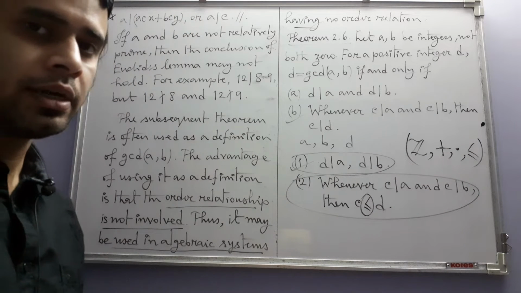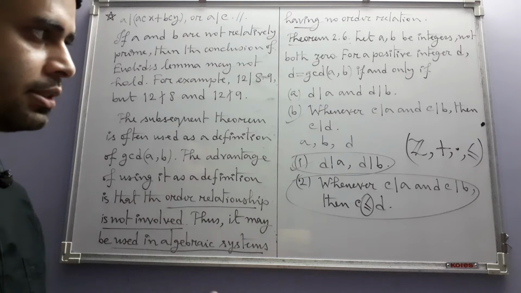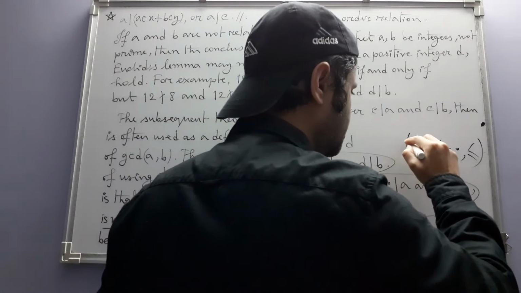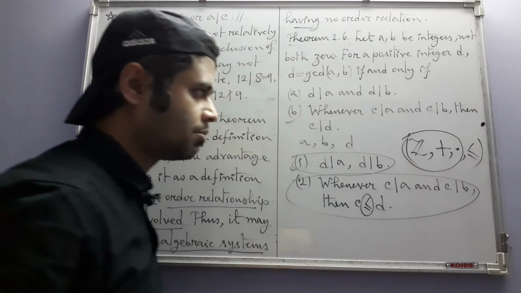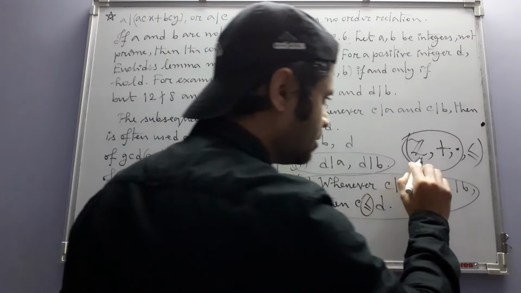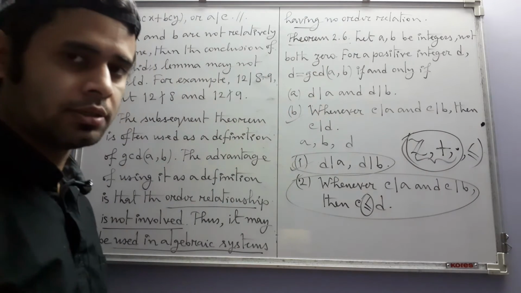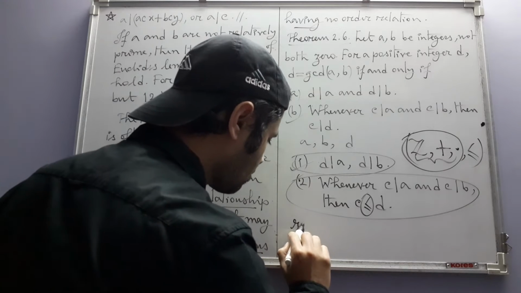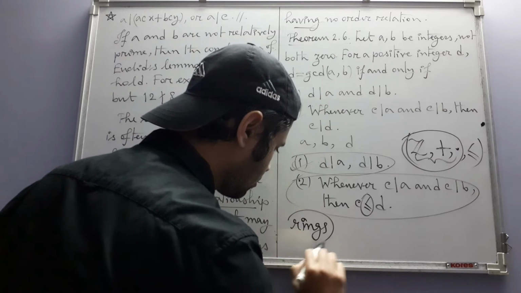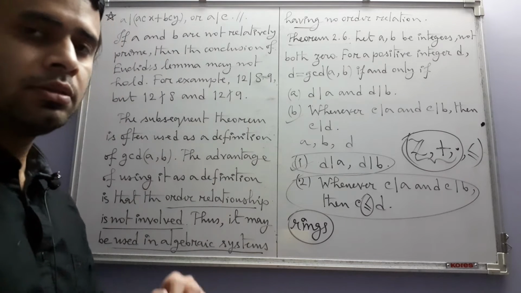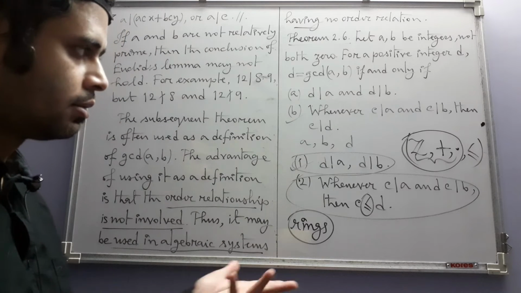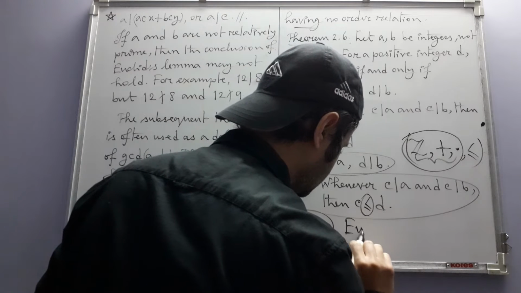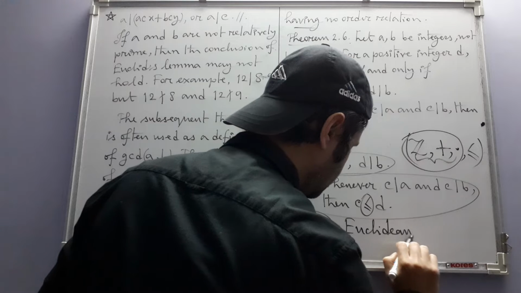If you have studied abstract algebra, you would know that similar systems are there, many different types of systems which behave like the system of integers, or at least this part of the system of integers, and they are called rings. Among rings, there are special types of rings which are called Euclidean rings.